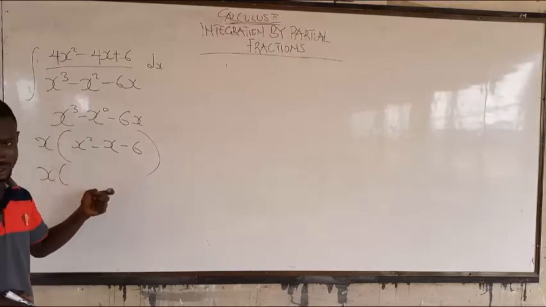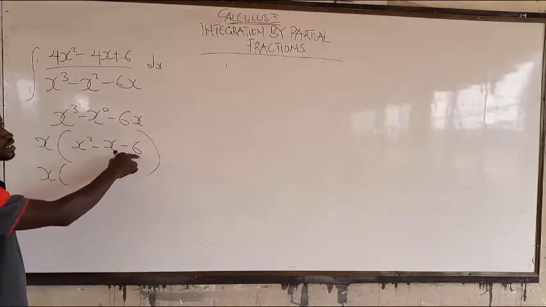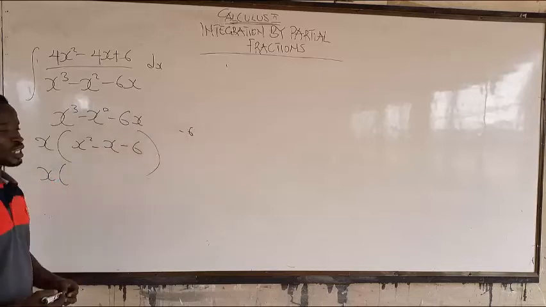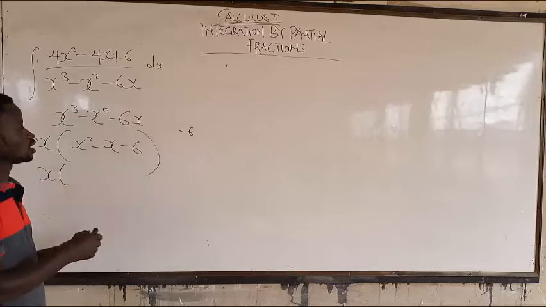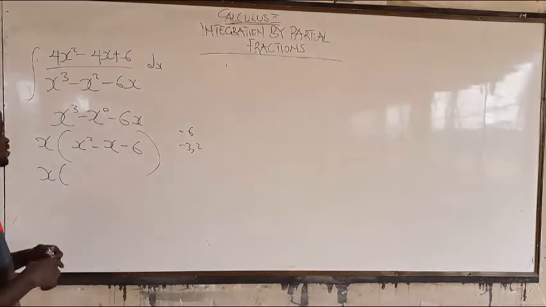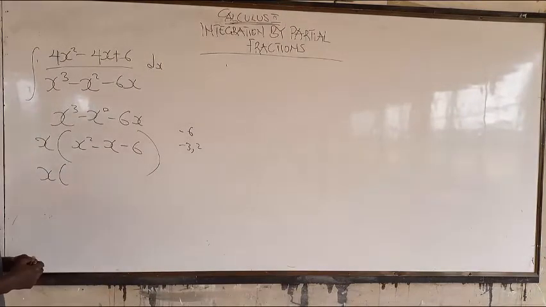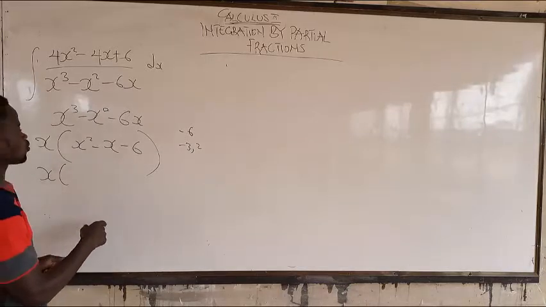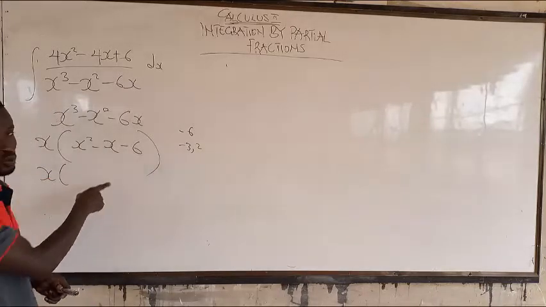You can use a calculator to do that, or know that the coefficient is 1, and you need two numbers that multiply to negative 6 and add to negative 1. You can see that it is negative 3 and 2, right? I don't want to be taking you back to this. I hope you know it already. So when you multiply these you get negative 6, and when you add, you get negative 1.